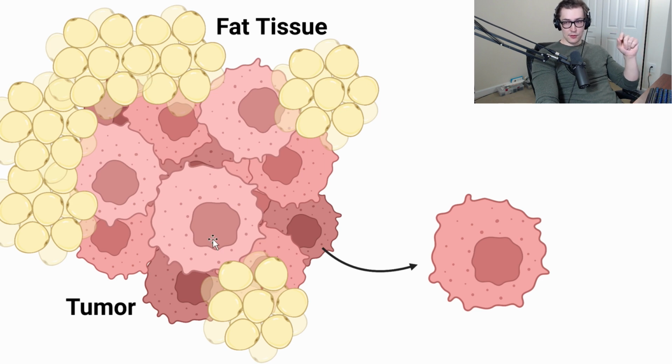So what researchers have done is that they've co-cultured, meaning that they've taken cancer cells and adipocytes and put them on a plate together, or in some way kept them in close proximity.